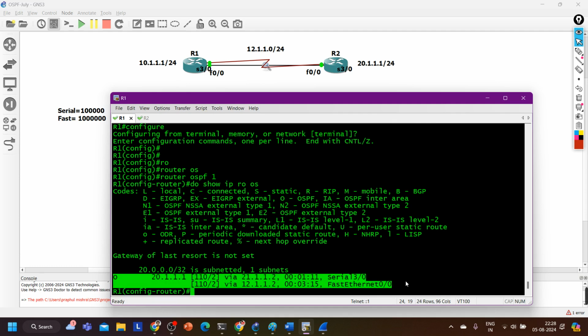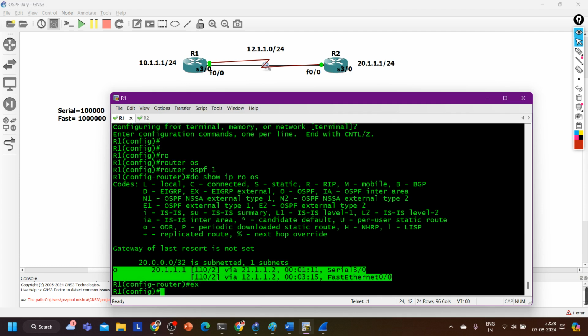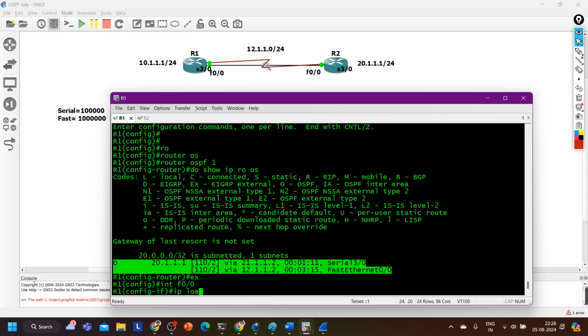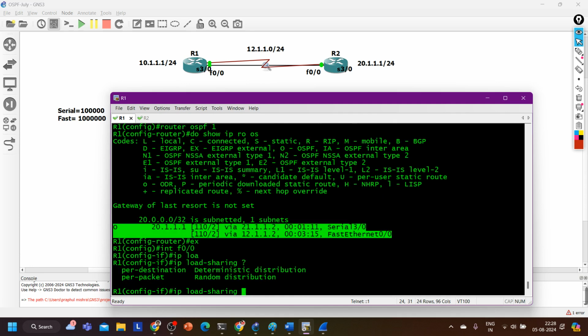It has installed both paths in its routing table, right? Which type of load balancing is it performing? Per packet or per destination? Interface F0/0, IP load sharing.